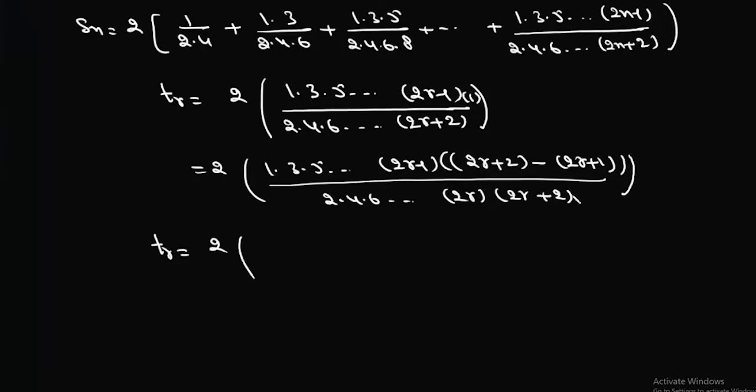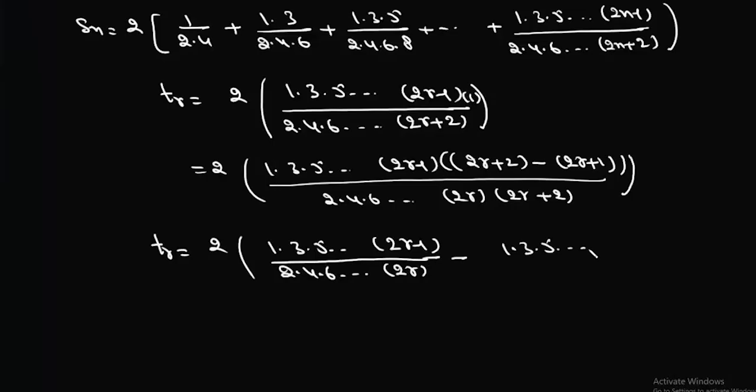Now for this first part, 2r plus 2 will cancel, so we get this as 1 into 3 into 5 up to 2r minus 1 upon 2 into 4 into 6 up to 2r, and then minus, here it is 1 into 3 into 5, and this is 2r plus 1 upon 2 into 4 into 6 up to 2r plus 2. So that's your Tr.